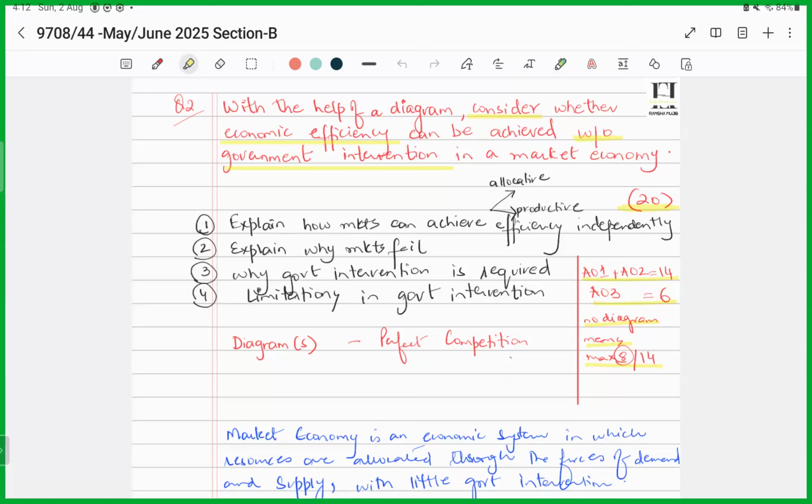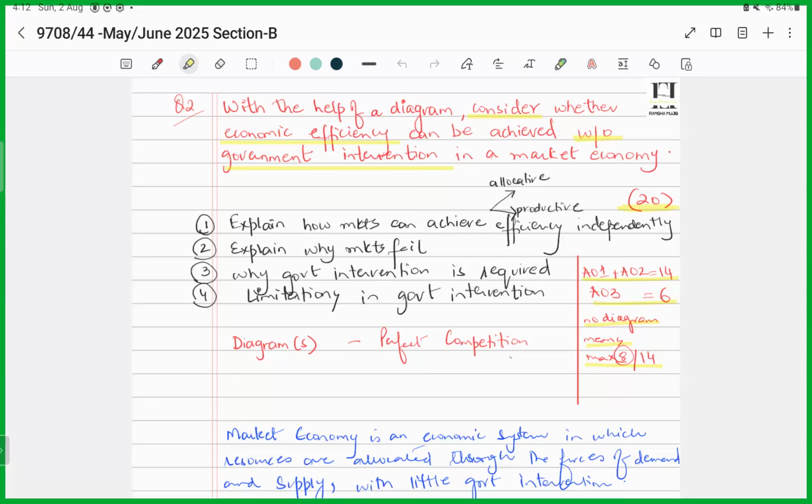All right. Now, looking at the question. The question says consider whether economic efficiency can be achieved without government intervention in a market economy. Now, we know a market economy is an economy in which the forces of demand and supply play a vital role. But if we leave everything to market forces, we all are aware of the fact that there are certain things which the market economy fails to provide.